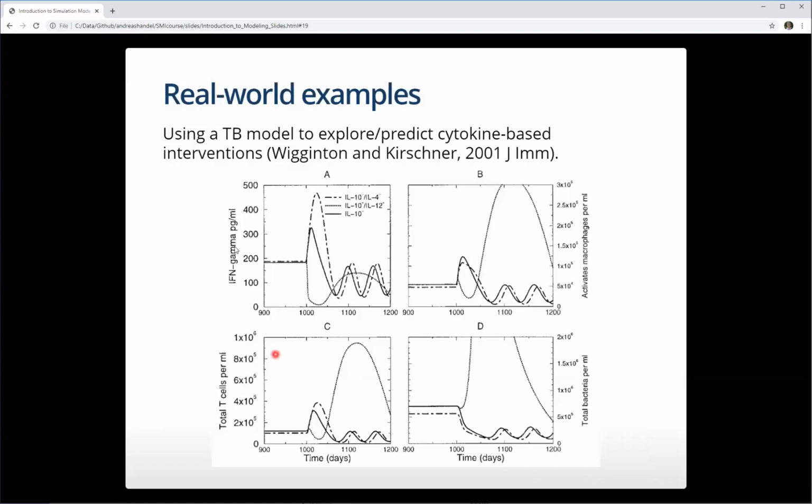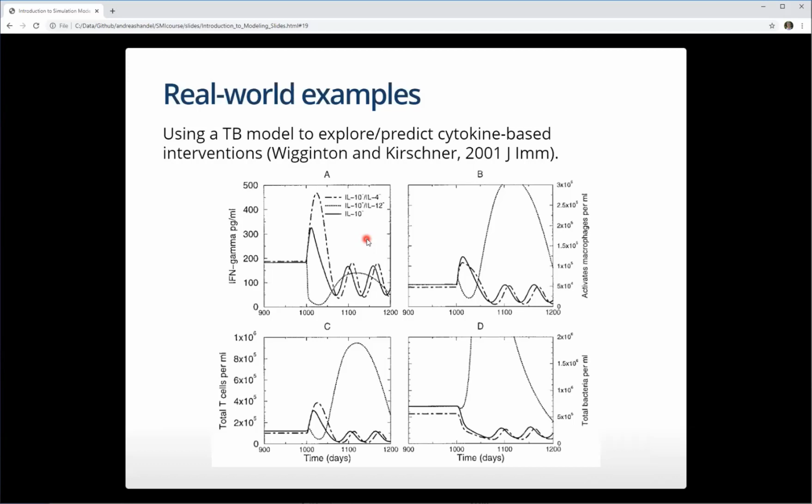So as you can see here, for all these four quantities, they track interferon, macrophages, total bacteria, and T cells. They let the model run to get a steady state. That basically mimics a chronic infection of TB. And then with their model they explored what if they perturb these components of the model. So the model had IL-10, IL-4, IL-12 in it. And these are different cytokines.